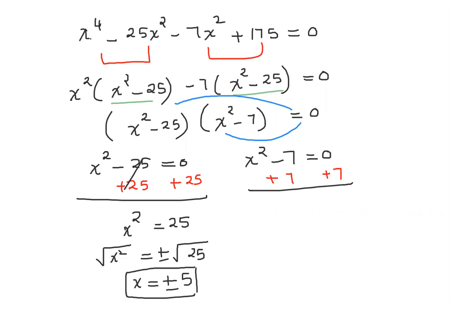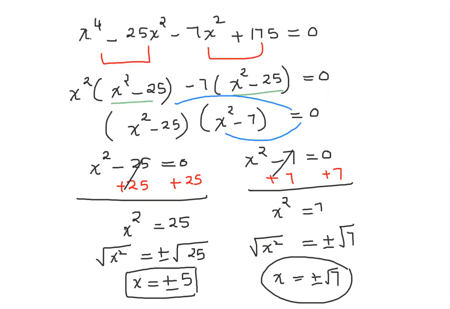Here we get x squared equal to 7. It's already given in the problem. So it's going to be plus or minus square root of 7. So finally, we have to write the solutions. Solutions are 5, minus 5, square root of 7 and minus square root of 7.